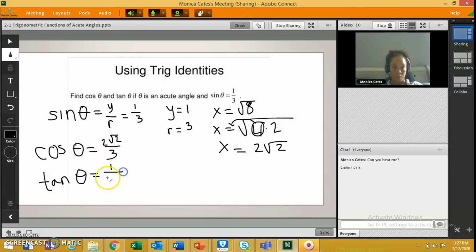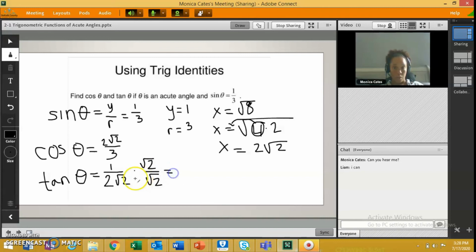Perfect. Now the only thing is that I have that radical in the denominator. Do you remember how we got it out last time? Yeah, we multiplied top and bottom by square root 2. Perfect. Because it's like multiplying by 1, right? Square root of 2 over square root of 2 is equal to 1.